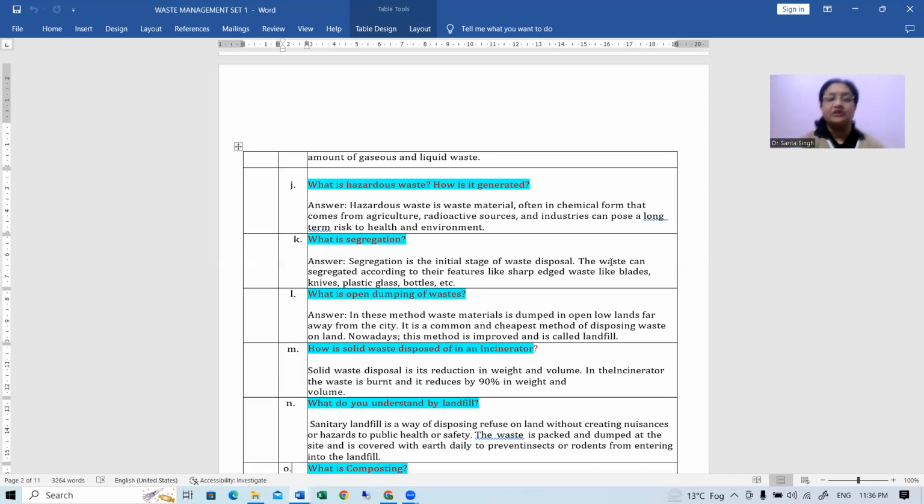Now, next is, how is solid waste disposed of in an incinerator? Incineration is another step in waste disposal.